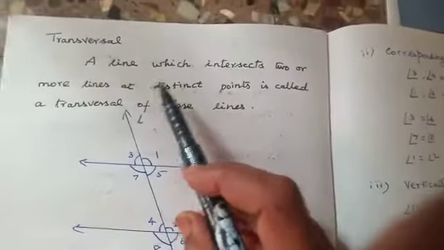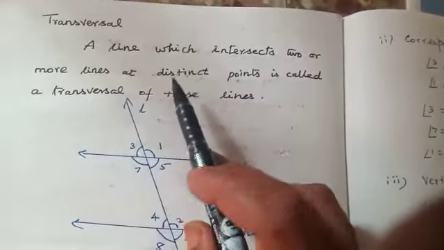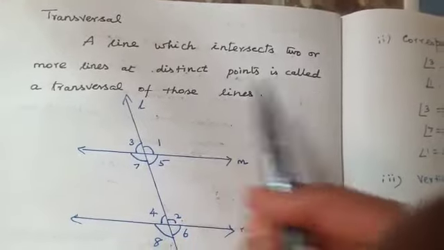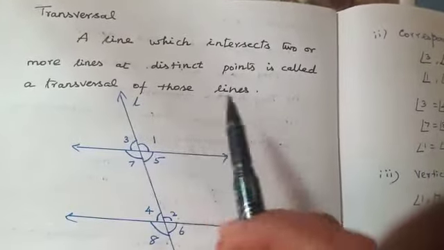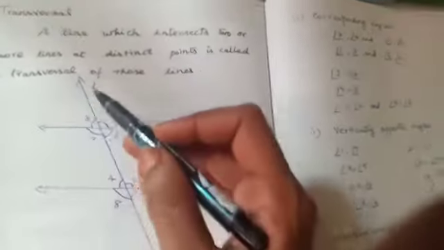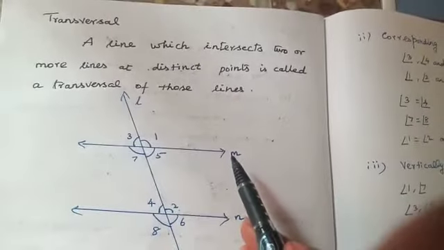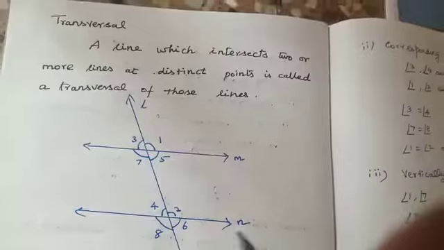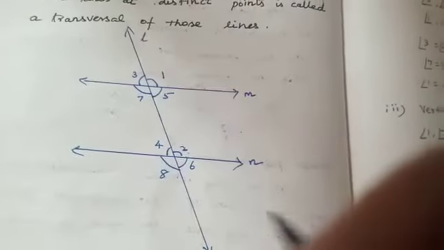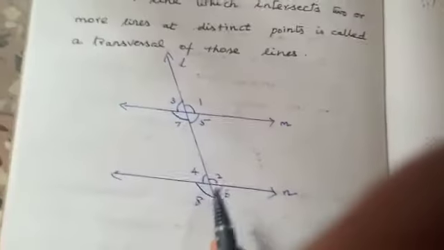Transversal. A line which intersects two or more lines at distinct points is called a transversal of those lines. So a line intersects two or more lines. Here this line L intersects the two straight lines M and N. Four angles are formed here.